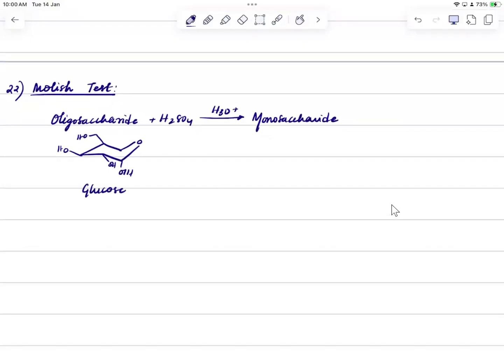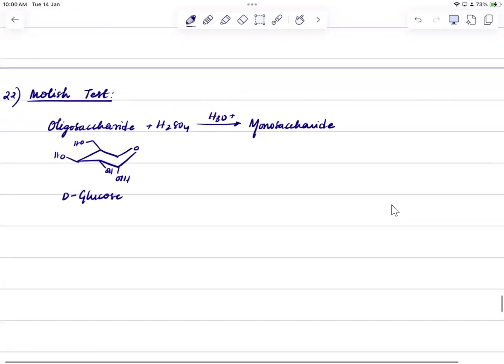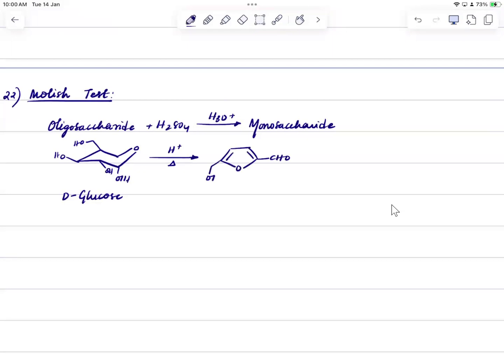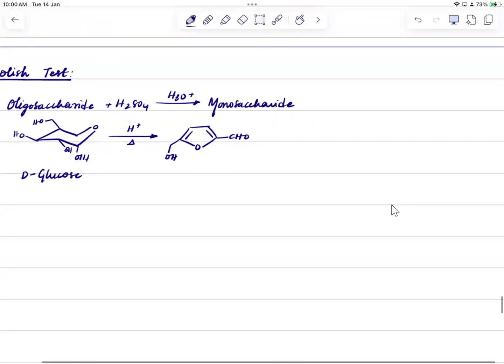This is the D-glucose form. So suppose you have a D-glucose form and dehydration, on dehydration it can convert into a form like this. By removal of water, it will convert into this aldehydic form with OH. And this is called furfural.